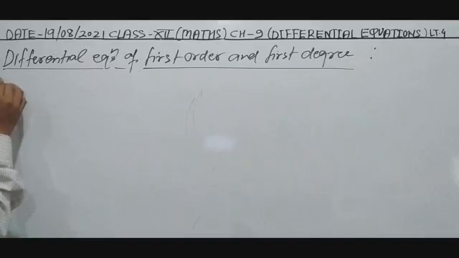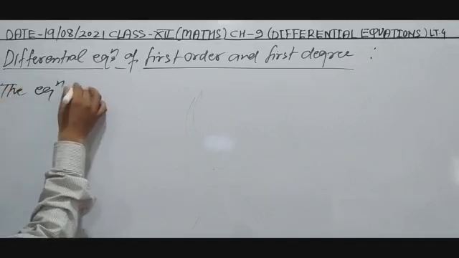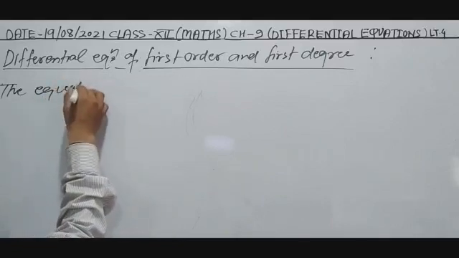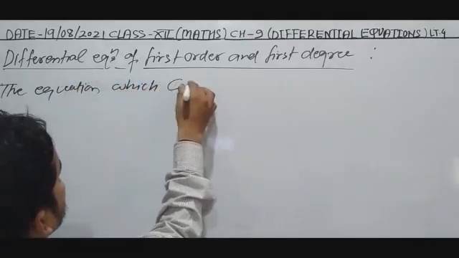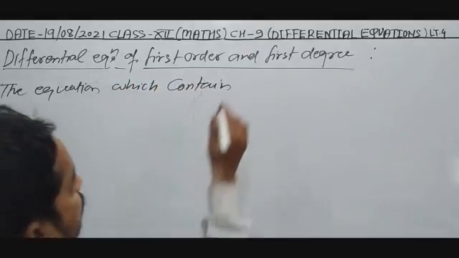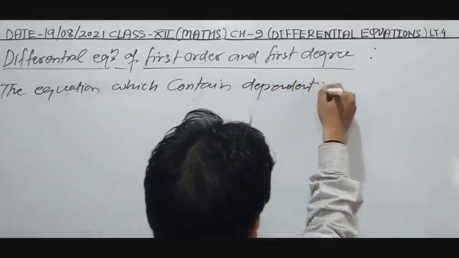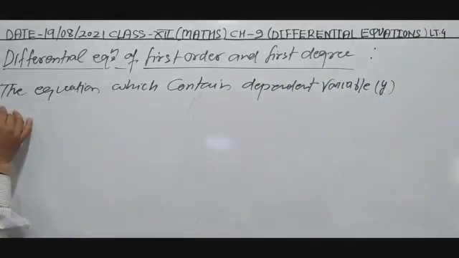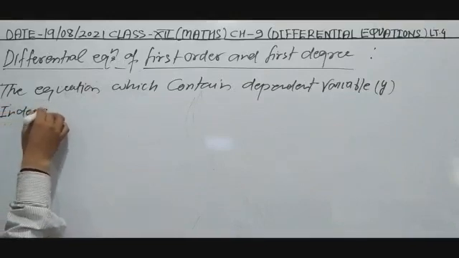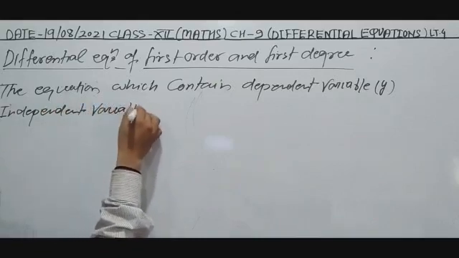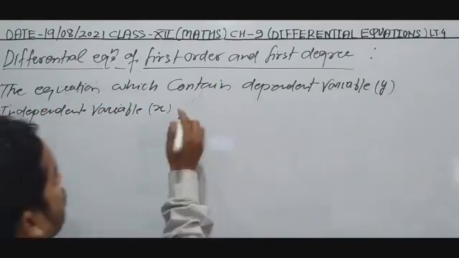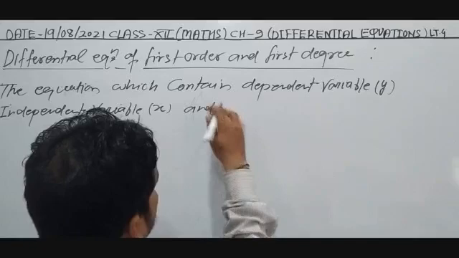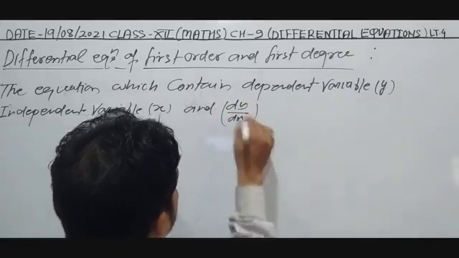It means the equation which contains the dependent variable, that is y, the independent variable, that is x, and the differential coefficient of the dependent variable with respect to the independent variable, that is dy by dx.